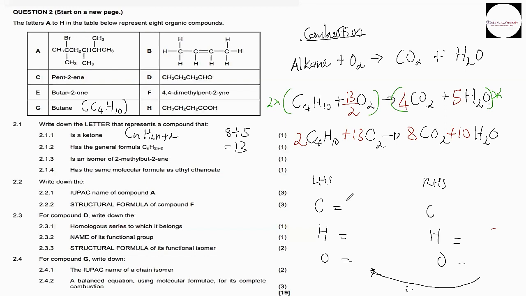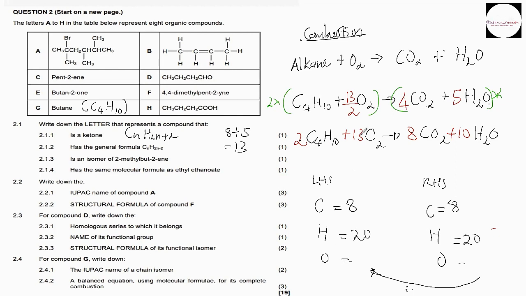How many carbons are on the left-hand side? That's 8 now, 2 times 4. And on the right-hand side, that's 8 times 1, still 8. How many hydrogens on the left-hand side? 2 times 10, that's 20. And this side, that's 10 times 2, that's 20.